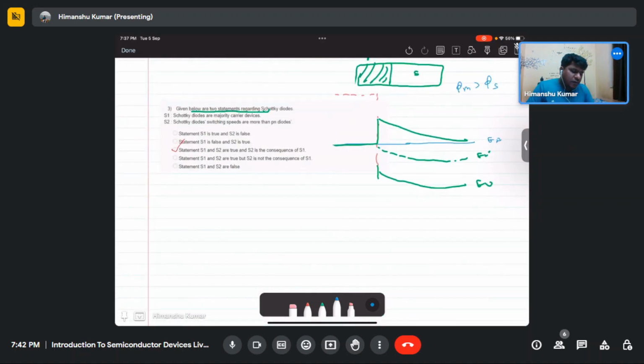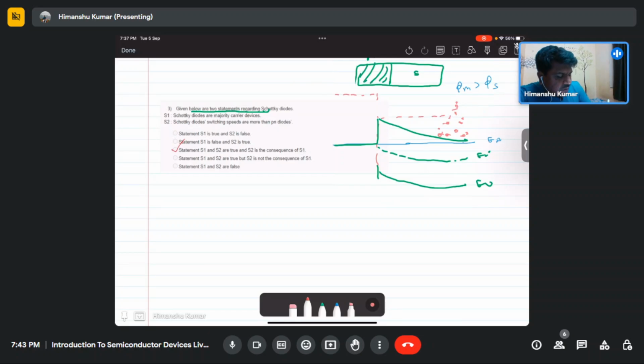Now let's see what happens under zero bias. Here there are some carriers, some electrons. If you consider these electrons, there are very few electrons with energy higher than this barrier.